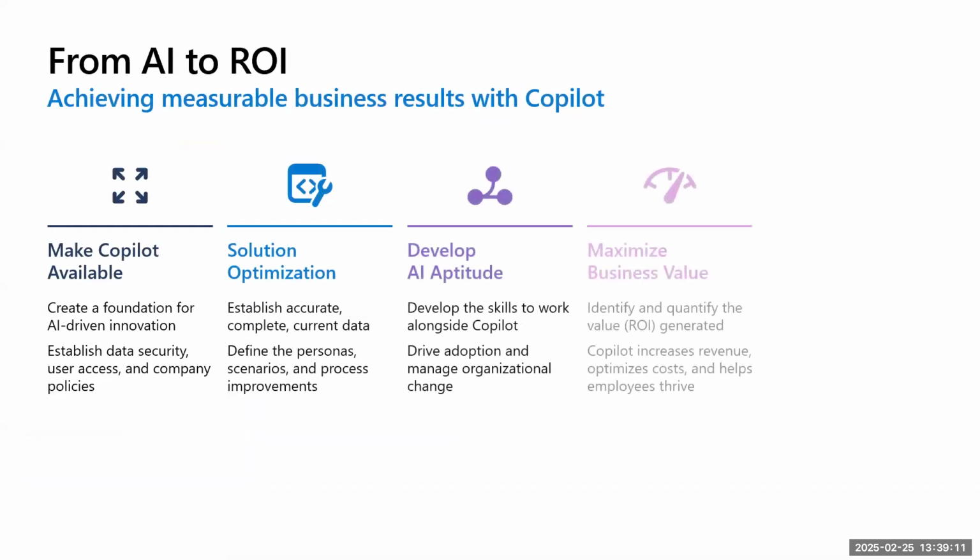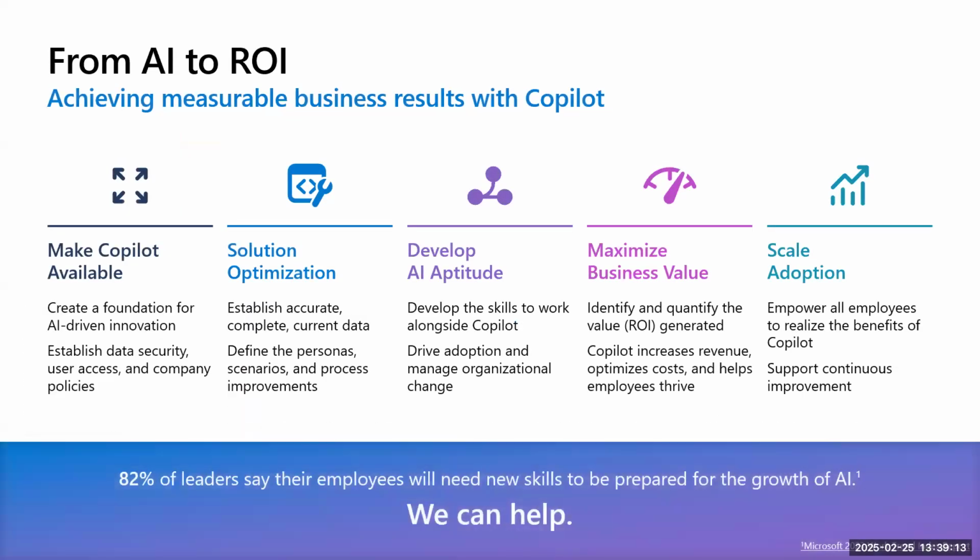All right, this is probably the last slide I want to show you. How can we turn AI into ROI, right? I also refer to this page as the user adoption stages. So the first step is we want to make sure everybody starts using Copilot. We want to make sure Copilot is available to all the users who are using Microsoft products.